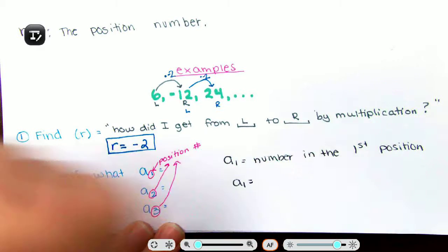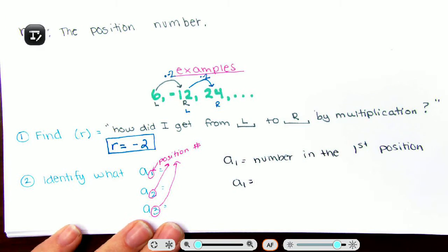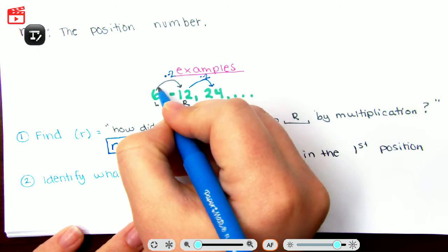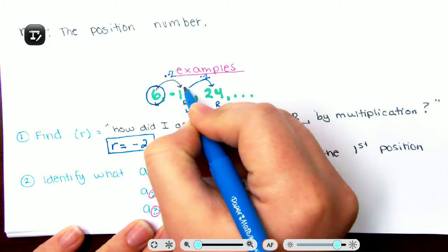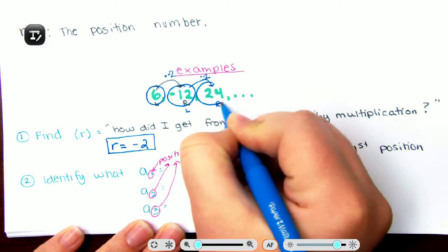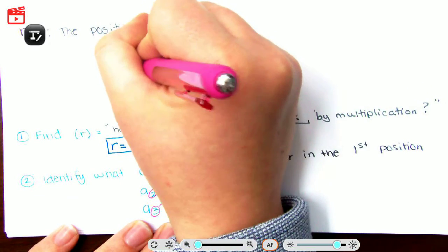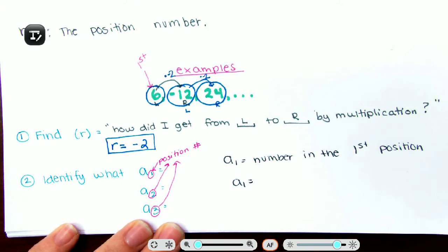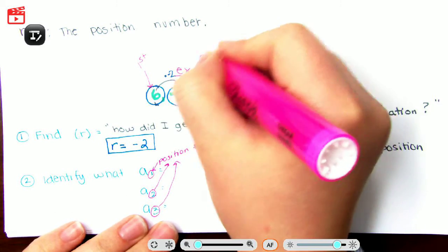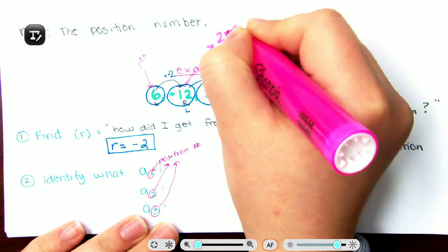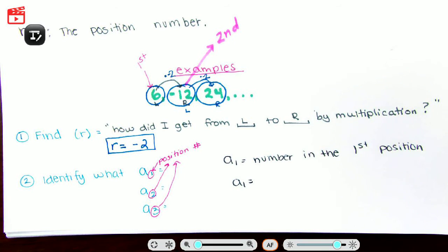So a sub 1 is, let's look here. What is the first number that you see? Well, here is 6. Here is negative 12. Here's 24. So the first number is 6. The second number is negative 12.